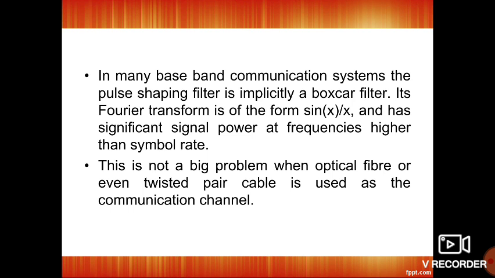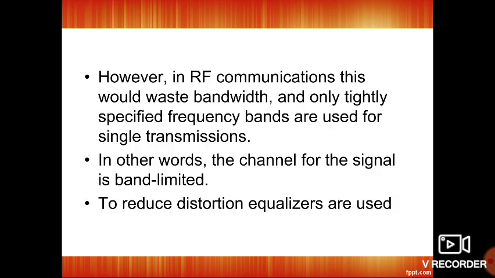Here the main problem is that whenever optical fiber or twisted pair cable is used as the communication channel, the shaping of pulse is a little bit complex. The Fourier transform of sin x by x has significant signal power at frequencies higher than the symbol rate.